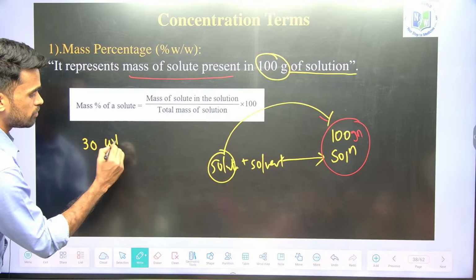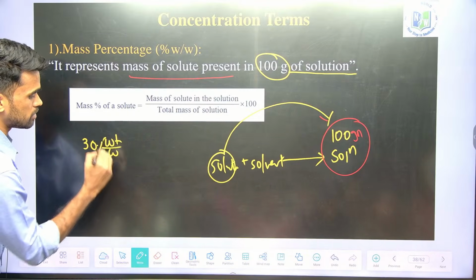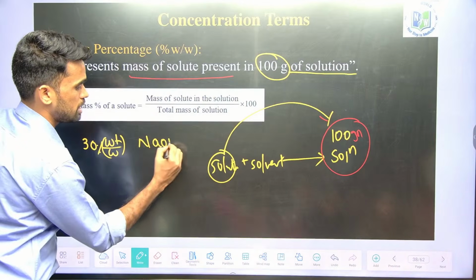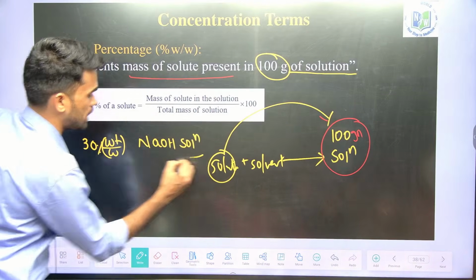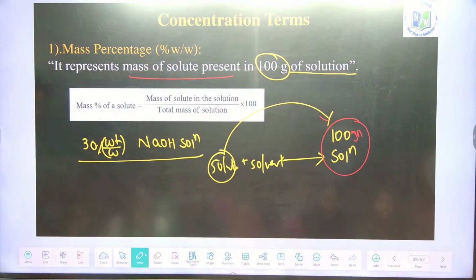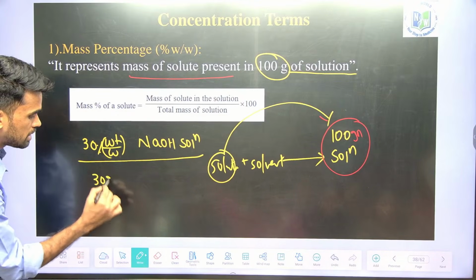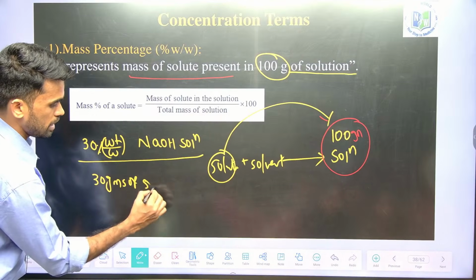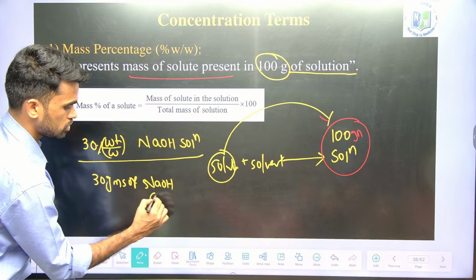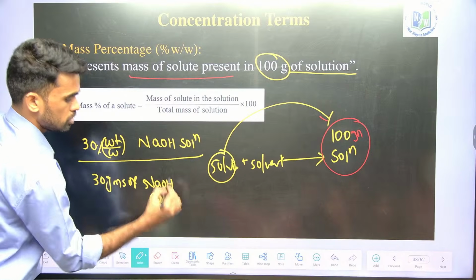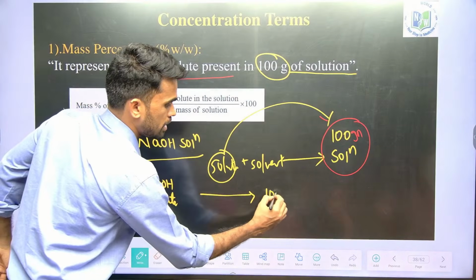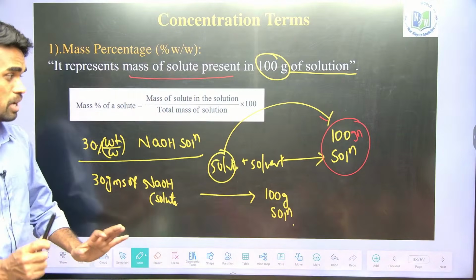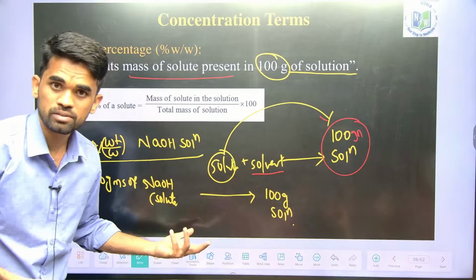30 percent weight by weight of NaOH solution. It means you are dissolving 30 grams of NaOH solute to make 100 grams of NaOH solution. Now tell me, what is the weight of solvent here?